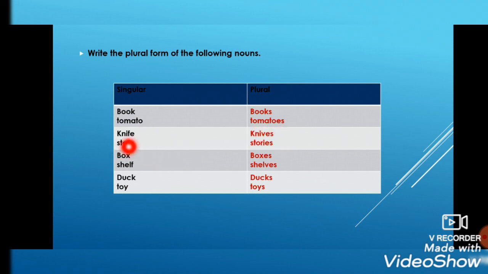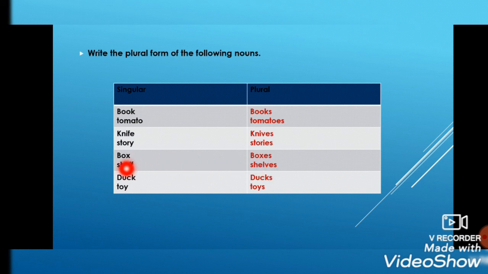Knife, it ends with fe, so we have to drop the fe and add ves, knives. Story, it ends with y, and before it there is a consonant letter, so we have to drop the y and add ies, stories. Box, boxes.